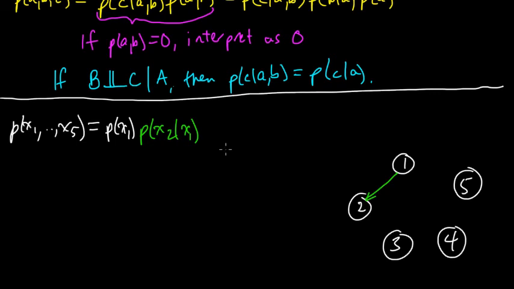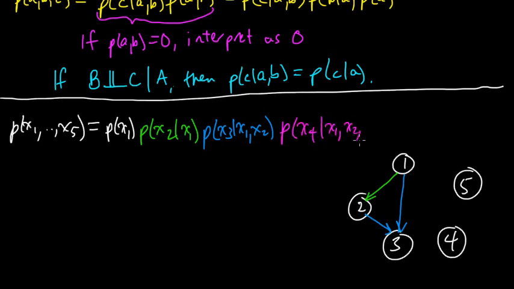Then the probability of x3 given x2 and x1, and we get an arrow from 2 to 3 and an arrow from 1 to 3. Then we have another factor, the probability of x4 given x1, x2, and x3. And we get an arrow from each of these, 1, 2, and 3, each going to 4.